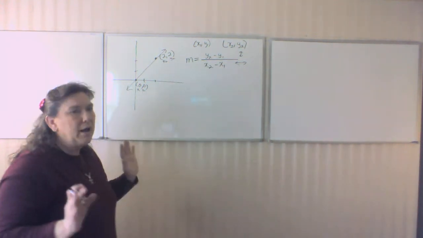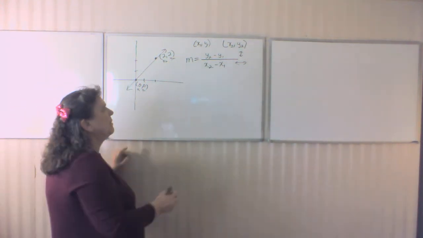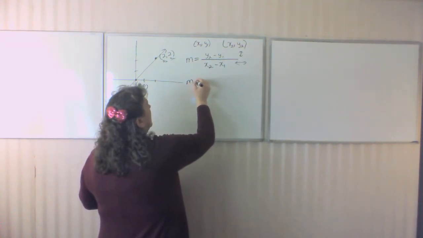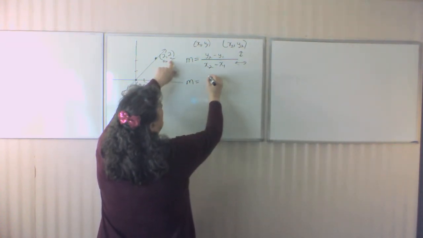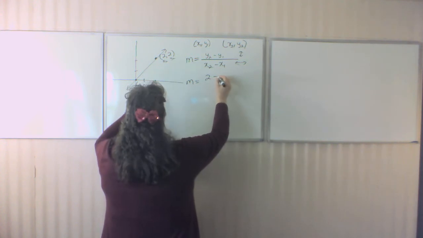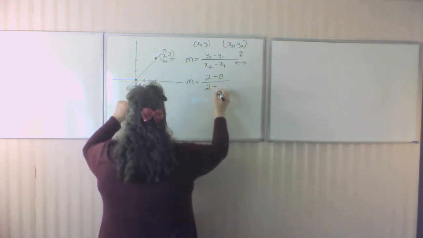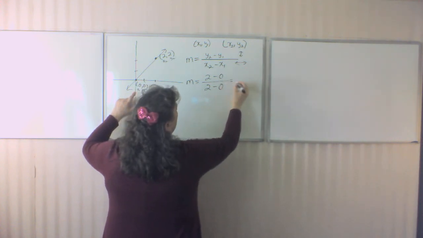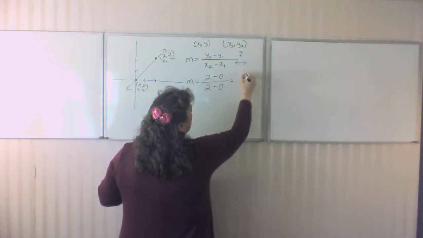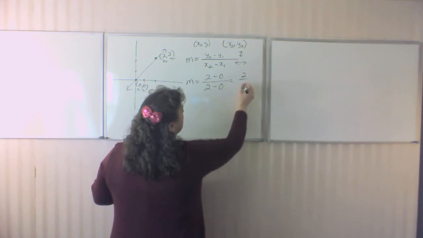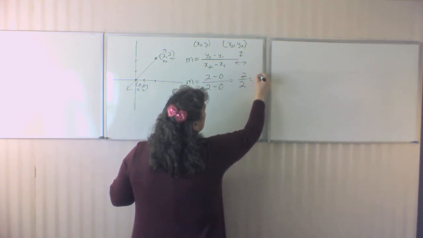And notice, I write it down because it's easier to remember. So the slope of my line is going to be equal to my Y value minus my Y value here over my X value minus my X value here. And this is 2 minus 0 is 2, 2 minus 0 is 2, which is equal to 1.